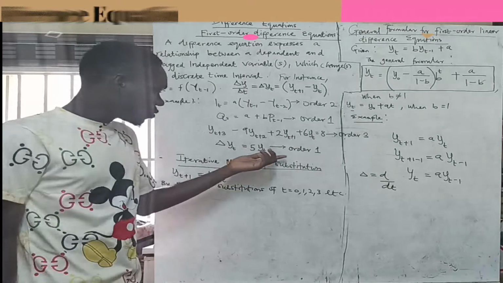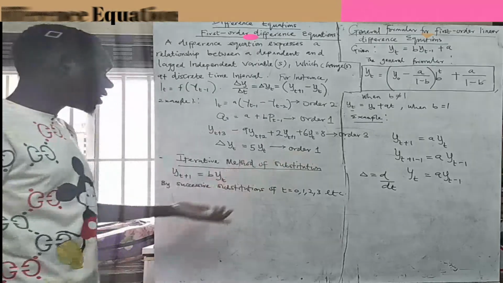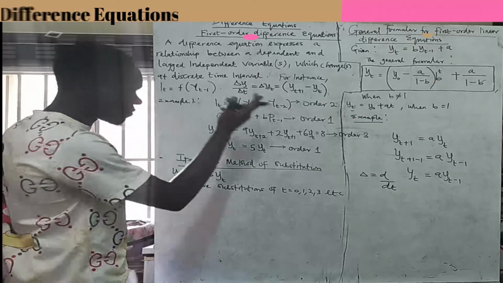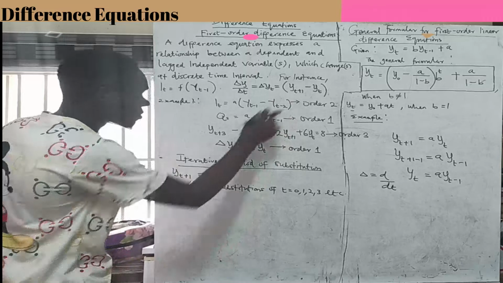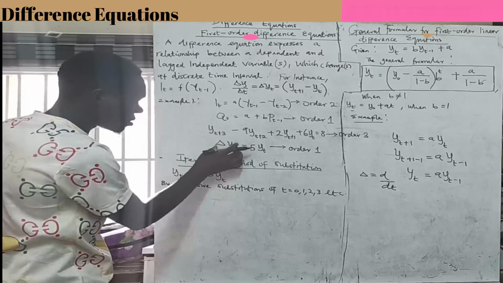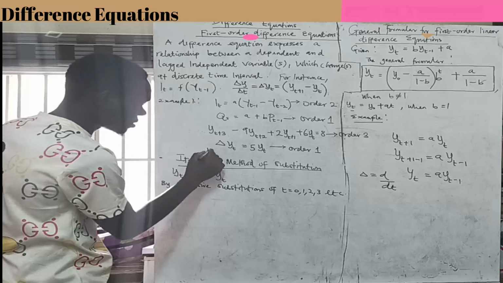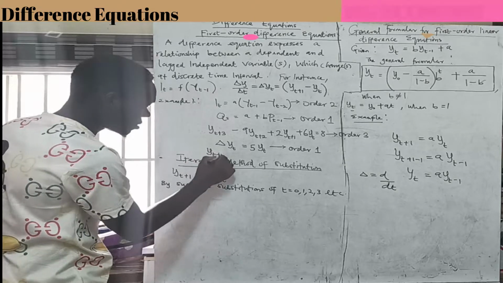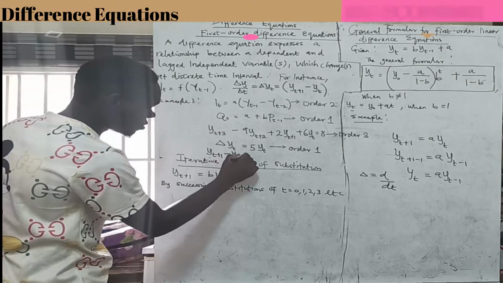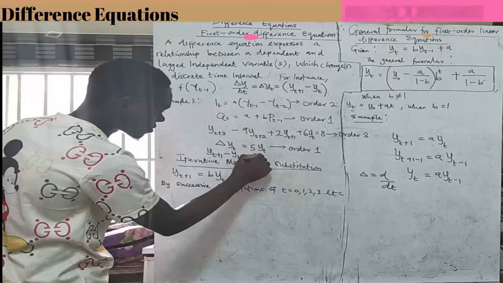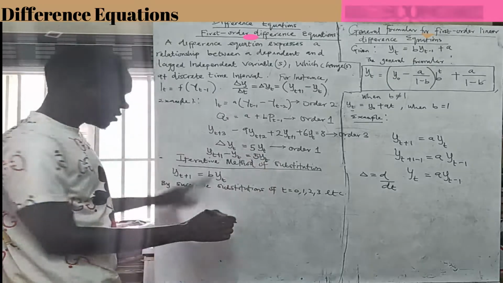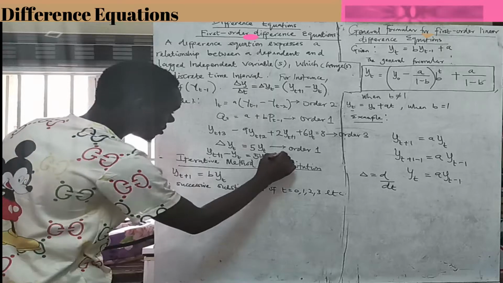And if we look at this here, this is of order 1, which we can further express from what we have here as delta yt. We can further express it as this, which is equal to this.